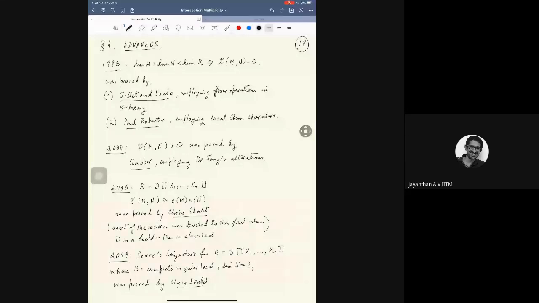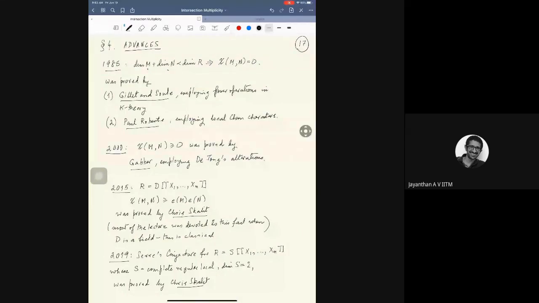So Gillet insulated that carefully, and quite easily showed that if the dimensions don't add up to the dimension of R, it simply had to be 0, because the relevant part of M would be, say, the second power operation would take it by 2 raised to a, if a is the codimension of M, and 2 raised to b if b were the codimension of N. And if a plus b doesn't add up to n, you can't see it, because over the maximal ideal there's only one module there, and you know what it is.